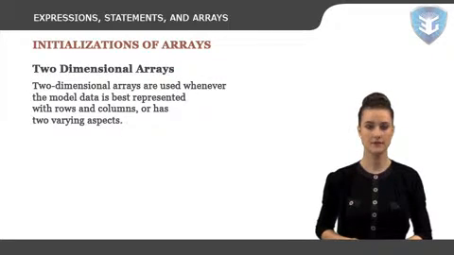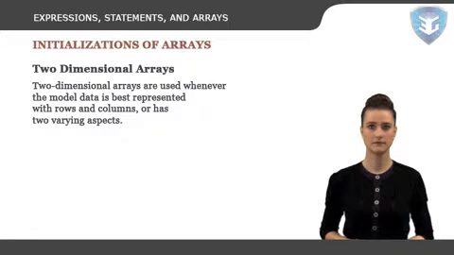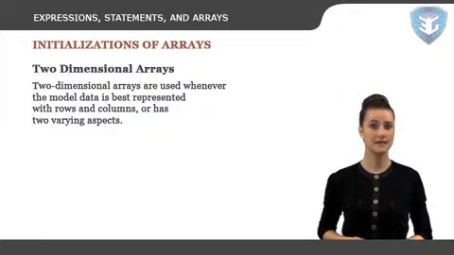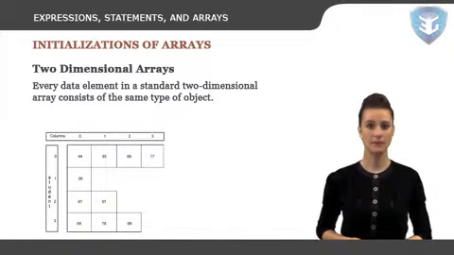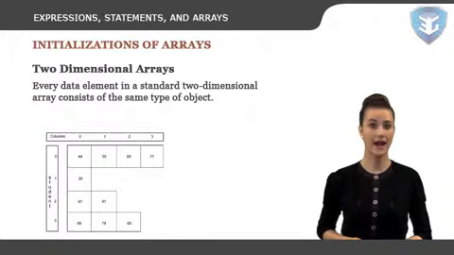Two-dimensional arrays. Two-dimensional arrays are used whenever the model data is best represented with rows and columns, or has two varying aspects. It is also the idea, although not the implementation, of graphics that specifies a two- or three-dimensional position with x, y and z coordinates. Every data element in a standard two-dimensional array consists of the same type of object.